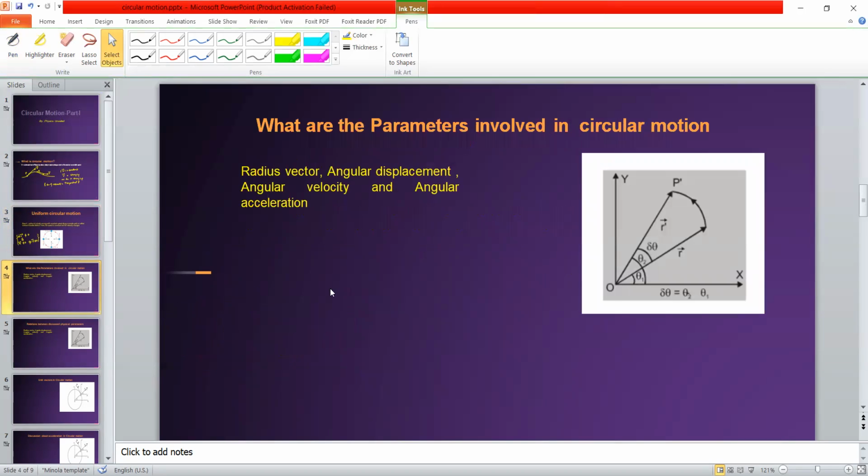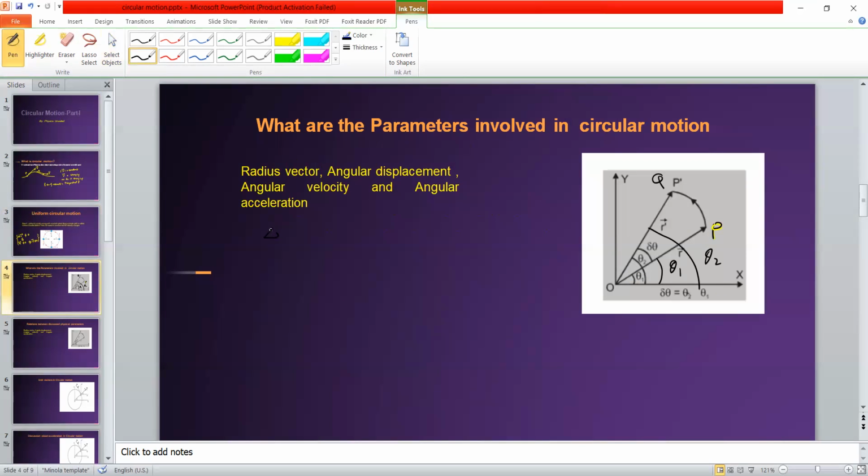Now, what are the parameters that are needed to define a circular motion? See, I have just taken a very simple diagram over here, and in that simple diagram, I am showing that the body is at angle theta. Suppose this is the initial position of the body. Suppose this is P and this is Q. At this particular position the angle is theta 1, and this is the angle that is theta 2.